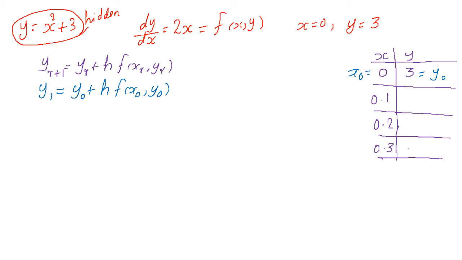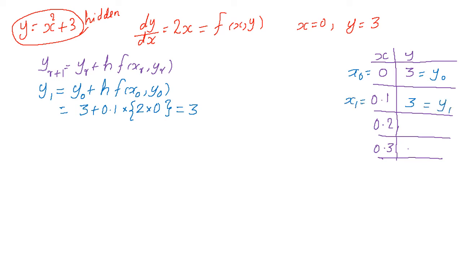Now I'm going to make the substitution. My y0 is 3 and my h is 0.1, and f of x0 y0: what is f of xy? It's just 2x. So 2 into x0. What is x0? 0. So 3 plus 0.1 into 0 is just 3. So I obtained it as 3 only. This is now my x1 and this is my y1.